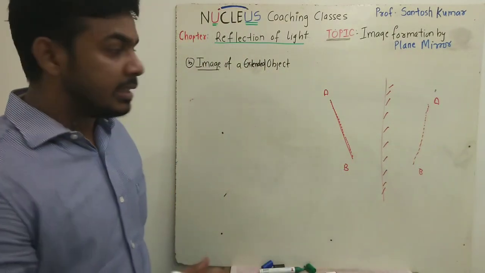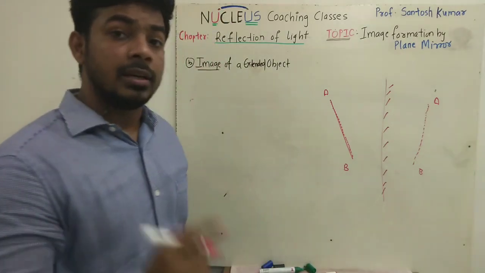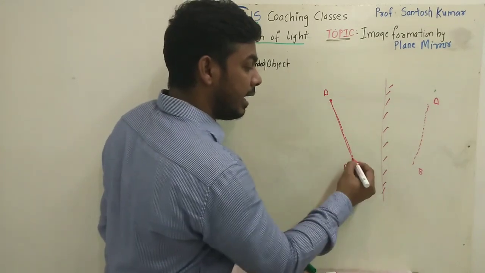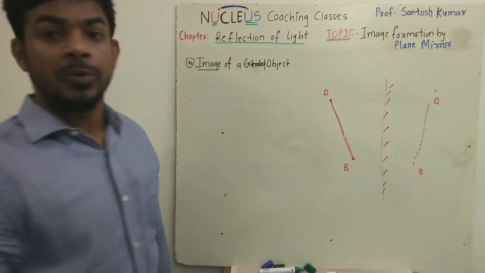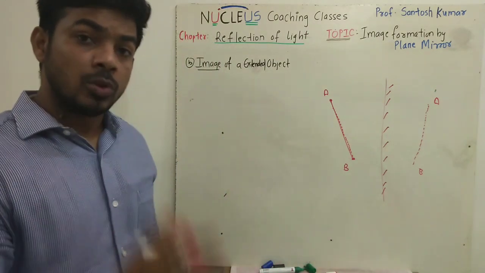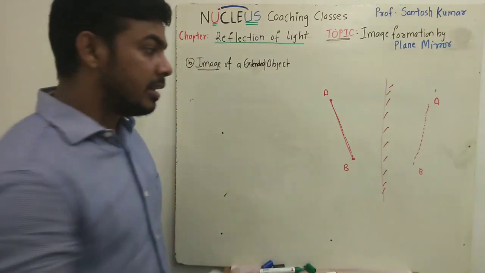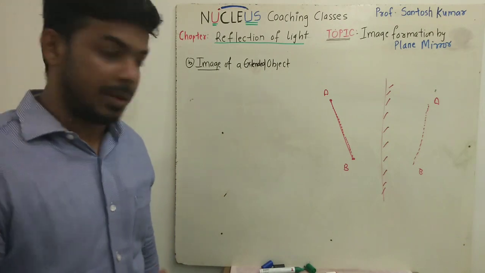But in this case, of the object AB I will consider only the extreme points, that means point A and point B. Remember, there are so many points between A and B, but we will show the construction only by the extreme points, considering that the corresponding images will be formed between A dash and B dash.